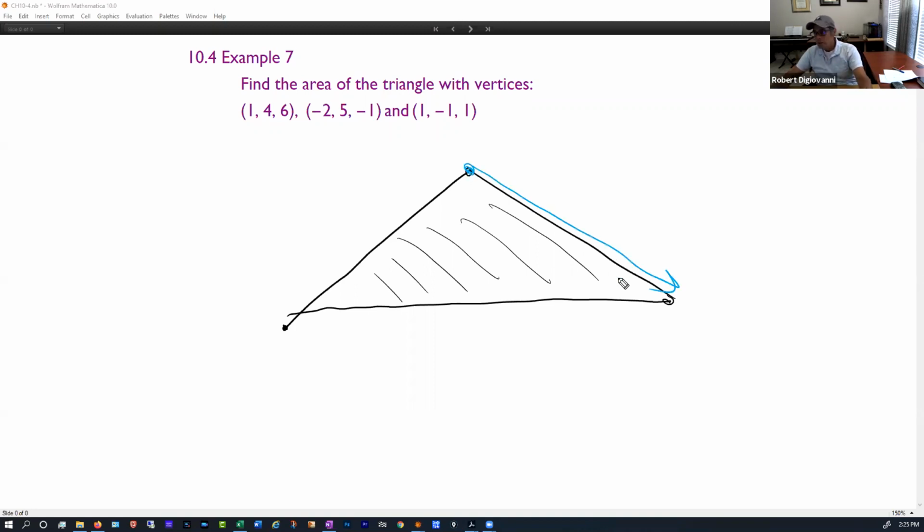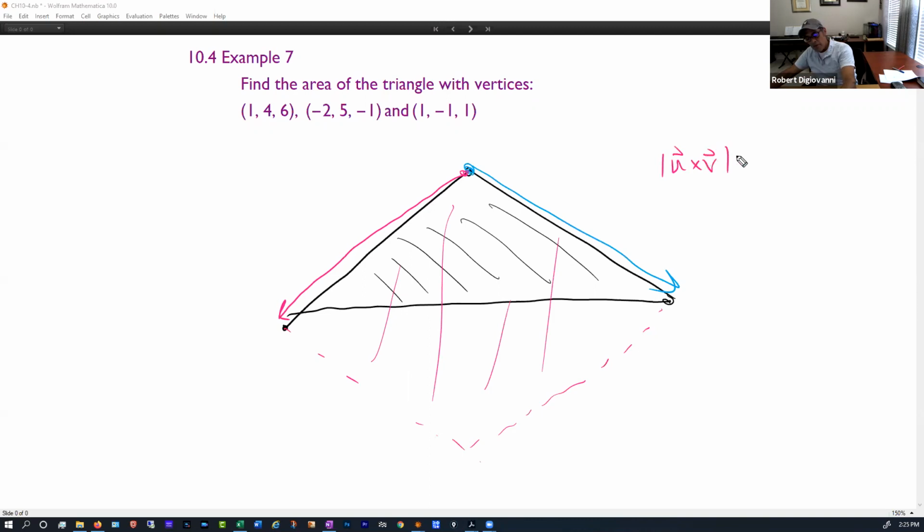And then let's create another vector that goes from here to here. Those 2 vectors form a parallelogram. And I can tell you that the area of the whole parallelogram is just the magnitude of the cross product of those 2 vectors. That's what the previous note said. Take this vector u, take this vector v, cross them, take the magnitude, that gives you the area of the whole thing. So all we need to do is do this and then take half of it. And that'll give us this triangle, right?